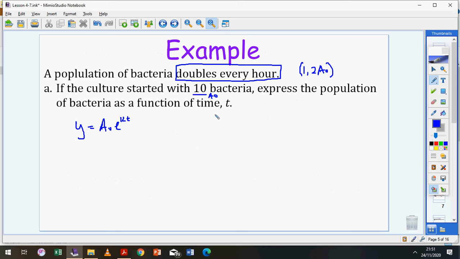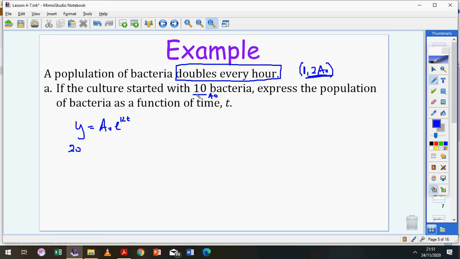So I just need to find the value of k, then write the equation. Initially I know that when time is 1, the y value has doubled. So I have twice of A0, which is 20, because A0 is 10.